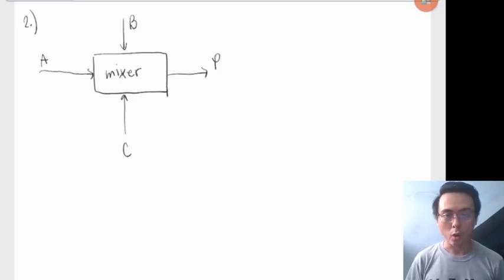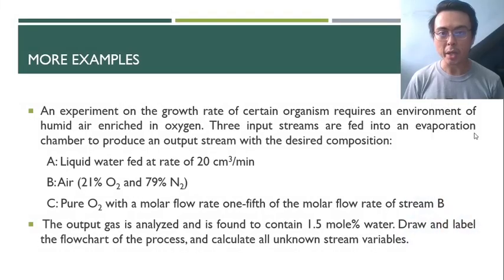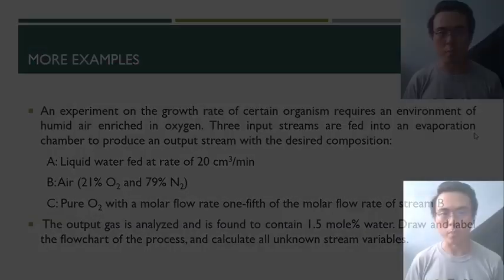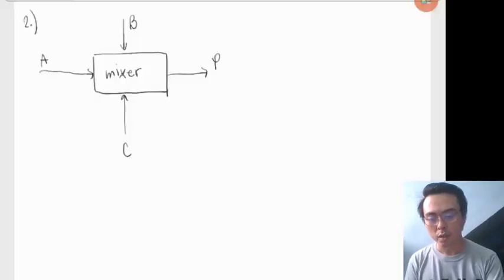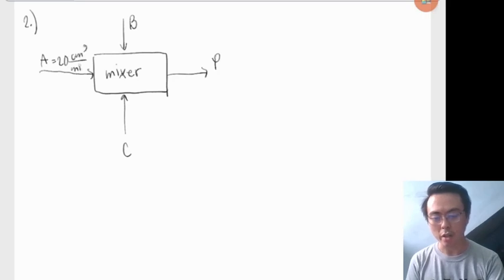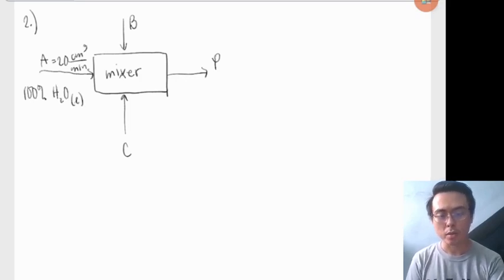Now, if you take a look at the given again, stream A is liquid water at a rate of 20 cubic centimeters per minute. So A is 20 cubic centimeters per minute. This carries pure liquid water. B is air. So this is 21% oxygen and 79% nitrogen.